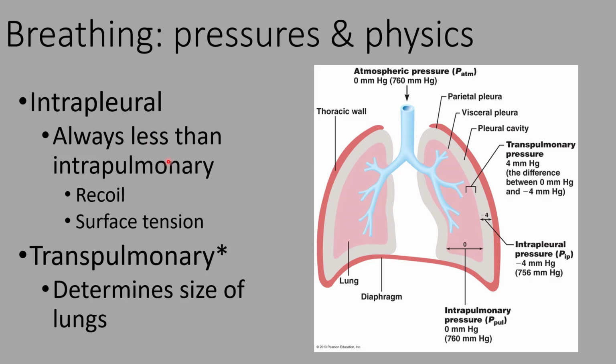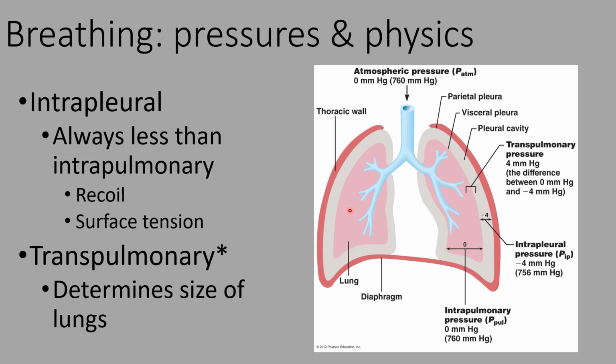And it is always just slightly less than intrapulmonary pressure. What that means is if intrapulmonary pressure is 760, the intrapleural pressure would be somewhere around 756. So it's just slightly less than the intrapulmonary pressure.